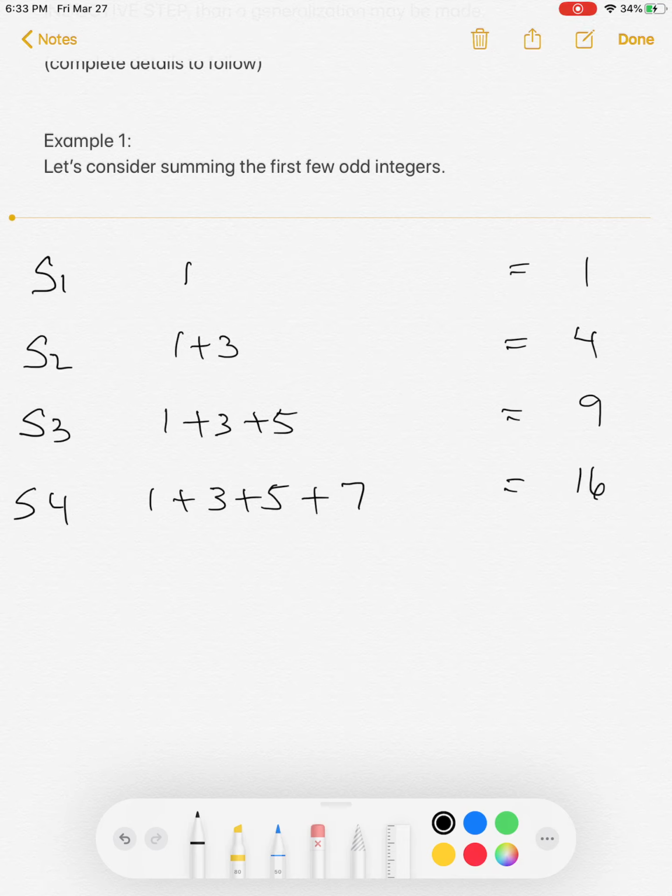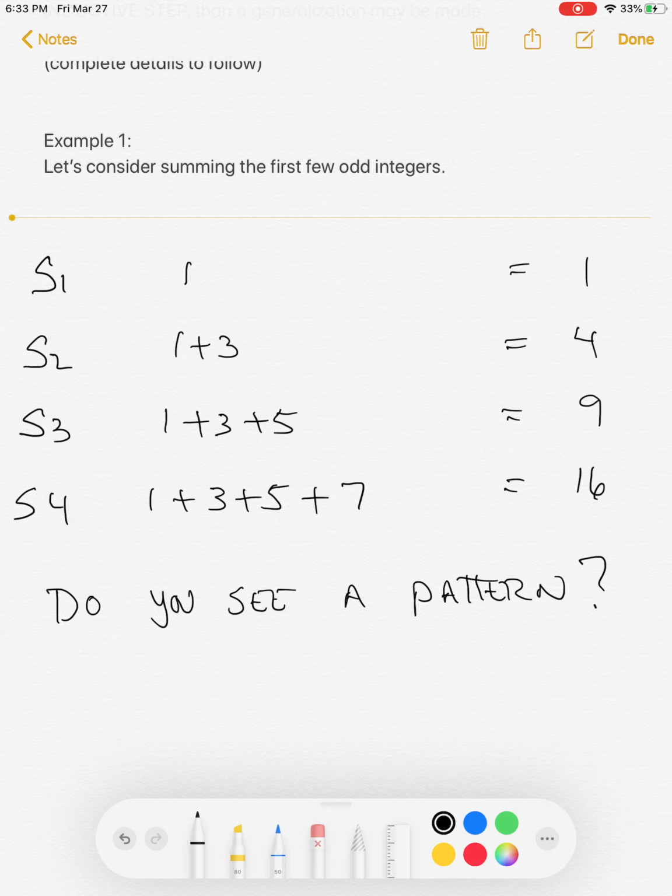And we can continue. However, do you see a pattern? Likely you do. The pattern that should be jumping out at you is as follows.